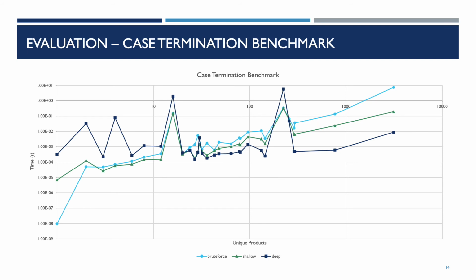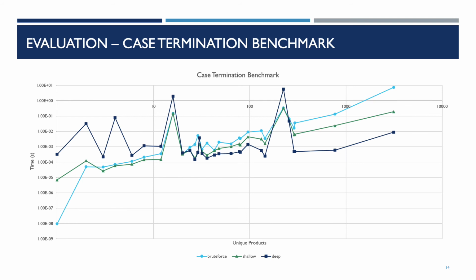So we actually evaluated the 2 approaches, shallow and deep lifting, against brute force, which means just instantiating all product instances and applying the analysis to each of them. We did that for 6 different analyses. I'm only showing the results of one, the case termination benchmark analysis. In this graph, the x-axis is the number of unique product variants.